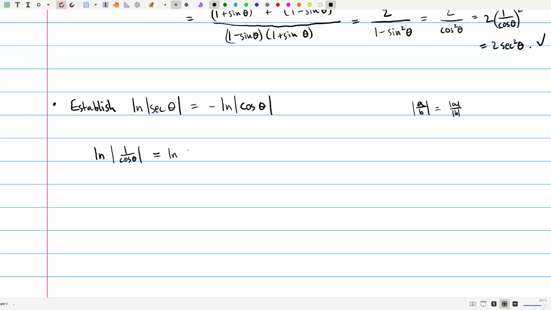So I'm going to apply that here. And then the absolute value of 1 is 1. And then let's write this as ln of cosine theta to the minus 1, because then we can use the logarithm rule that this is minus 1 times the natural logarithm of the absolute value of cosine, and that's negative ln absolute value of cosine.